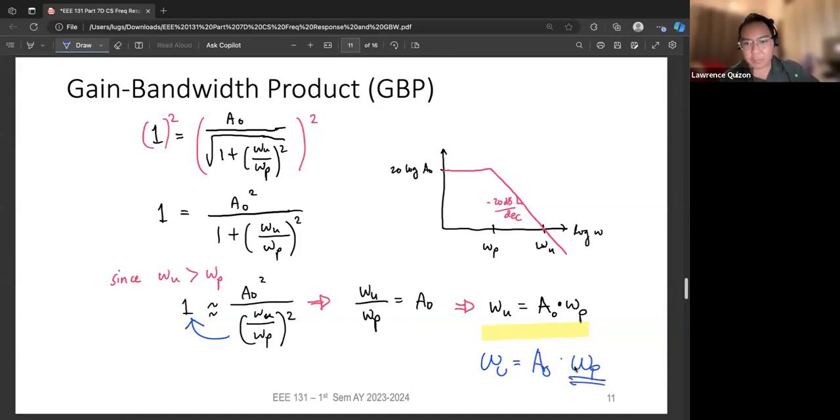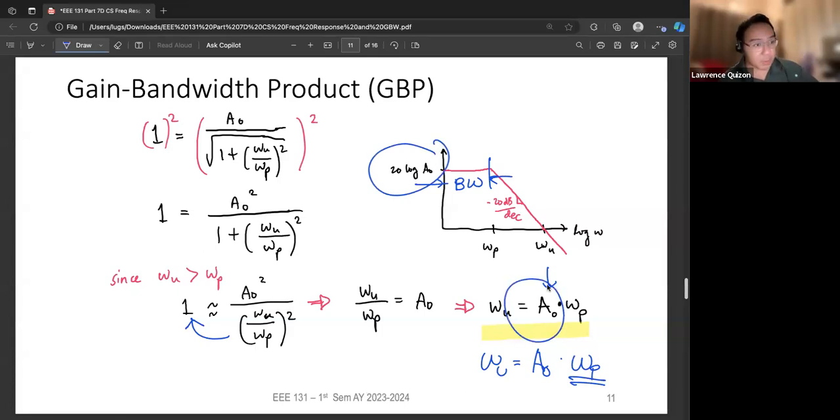So this is your bandwidth, right? This is the bandwidth of a single pole amplifier. So the bandwidth of a single pole amplifier times the gain of that single pole amplifier gives you the unity gain frequency. Now, do note this A0 is not in dB. It's just A0. This one is 20 log A0.